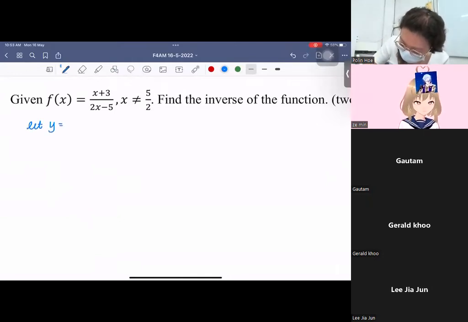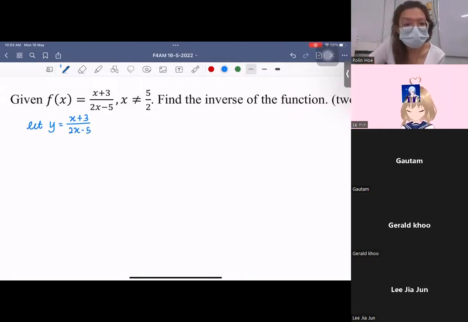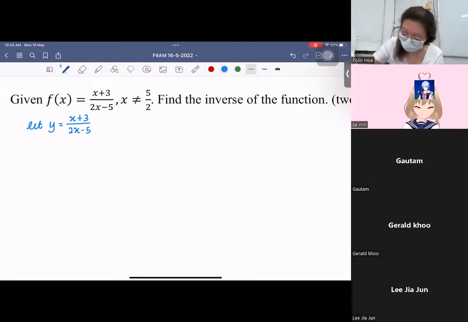I will suggest you use this first way because it is the same as the composite function way. After you let y equal something, the next step is to find x in terms of y.